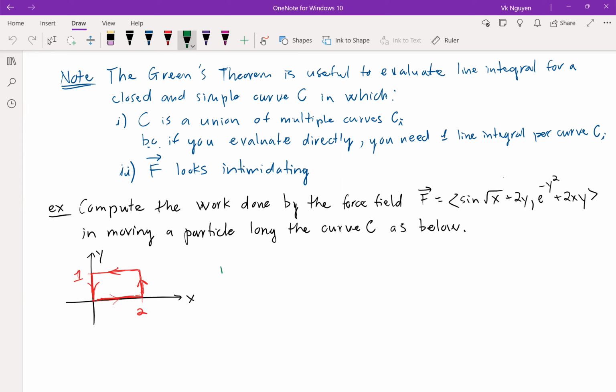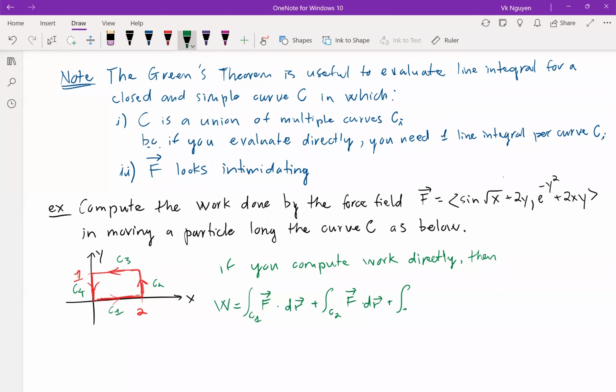If you choose to compute work directly, it would be the integral along C1 of F dot dr, plus C2 F dot dr, plus C3 F dot dr, plus C4 F dot dr. So that's what you would do.